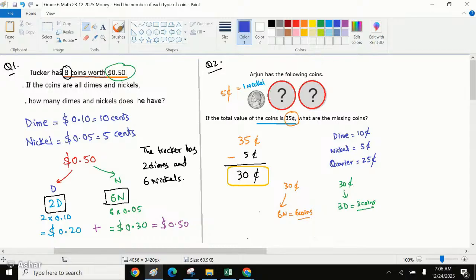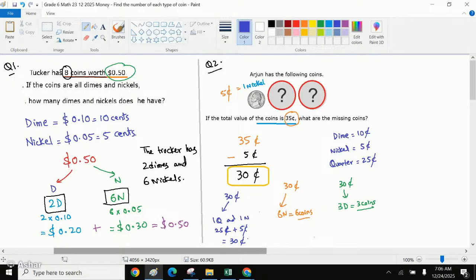So let's try with a quarter. Can I say the 30 cents can be broken down into 1 quarter and 1 nickel? That means 25 cents plus 5 cents would still be equal to 30 cents, right?